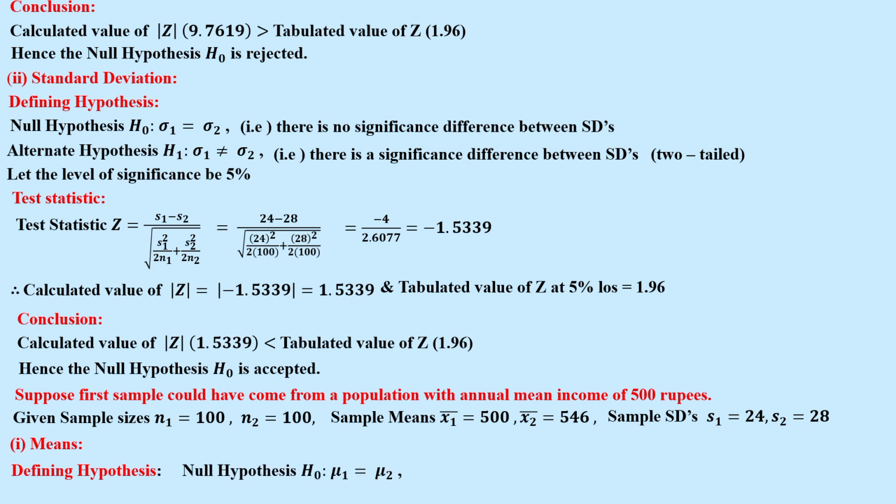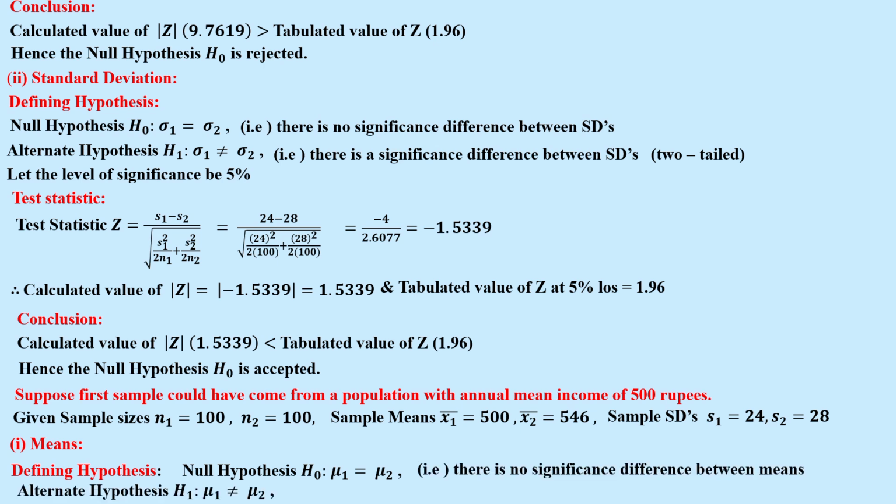Defining the hypothesis: null hypothesis, there is no significant difference between the means. Alternate hypothesis, there is a significant difference between the means. Test statistic Z is equal to x1 bar minus x2 bar by root of s1 square by n1 plus s2 square by n2. Substituting the values, 500 minus 546 by root of 24 square by 100 plus 28 square by 100.